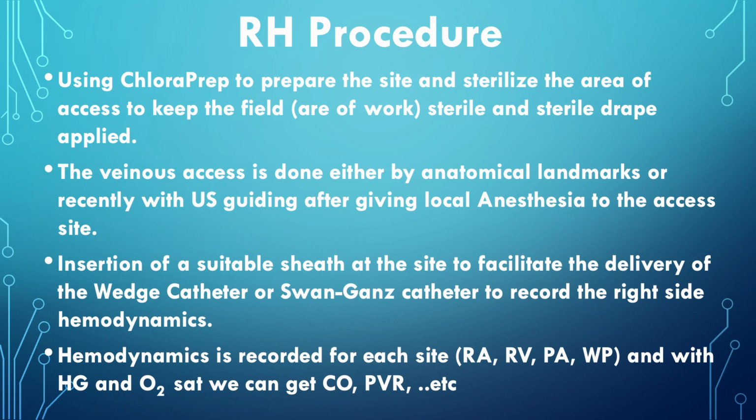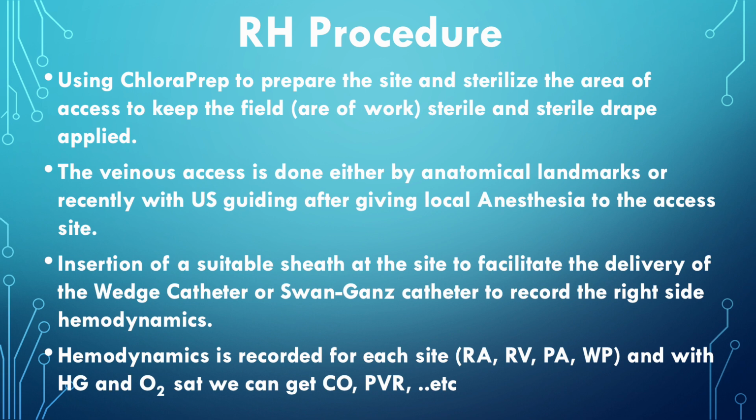If we get access through the femoral area, we have to clean the groin. If we're going to access through the antecubital area, we will go to the brachial area and clean it. Also on the neck, with the patient facing away to the right side, we clean it with chloroprep.